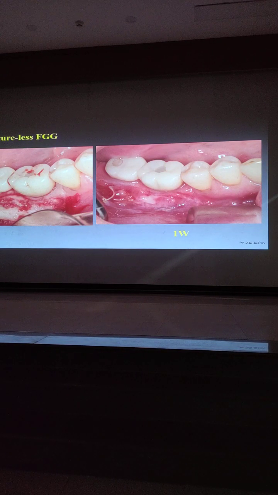I call this procedure 10-minute activity. It takes only 10 to 15 minutes. Generally speaking, conventional activity using suturing technique takes almost 1 hour, or 30 minutes to 1 hour. But this technique requires 10 to 15 minutes.